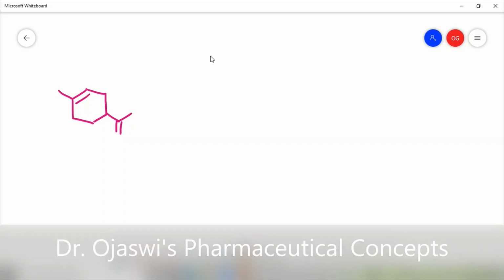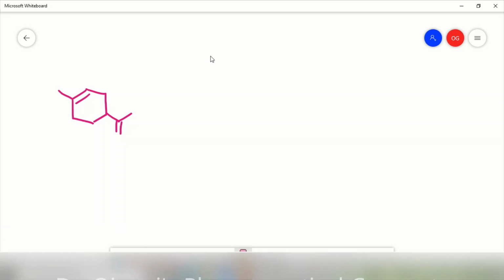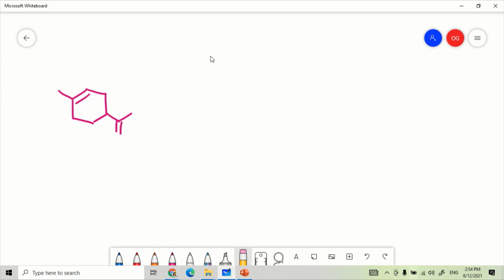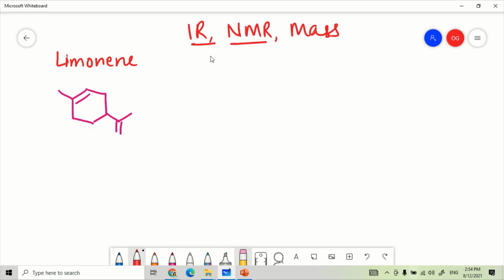Hello everyone. So let us see how certain phytoconstituents like limonene can be analyzed using various spectroscopic techniques like IR, NMR, and mass spectroscopy. How does this particular phytoconstituent behave with all these radiations?